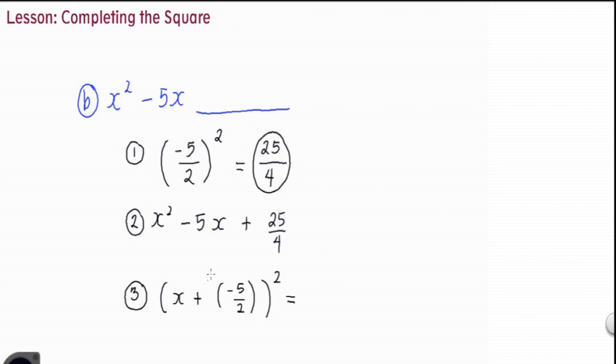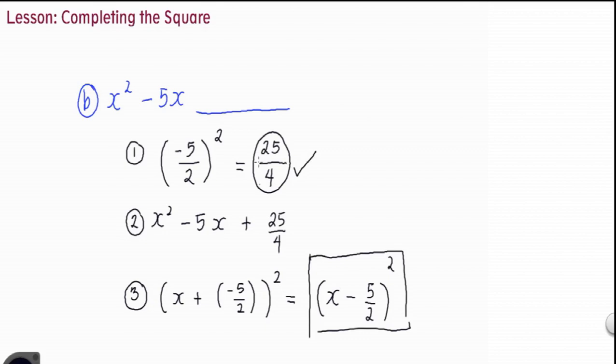So, distribute the sign. Our sign will change here. So, then we have x minus 5 over 2 raised to 2. And now this is the factored form of the given expression. And this is the third term for our given expression. So that is the second example.